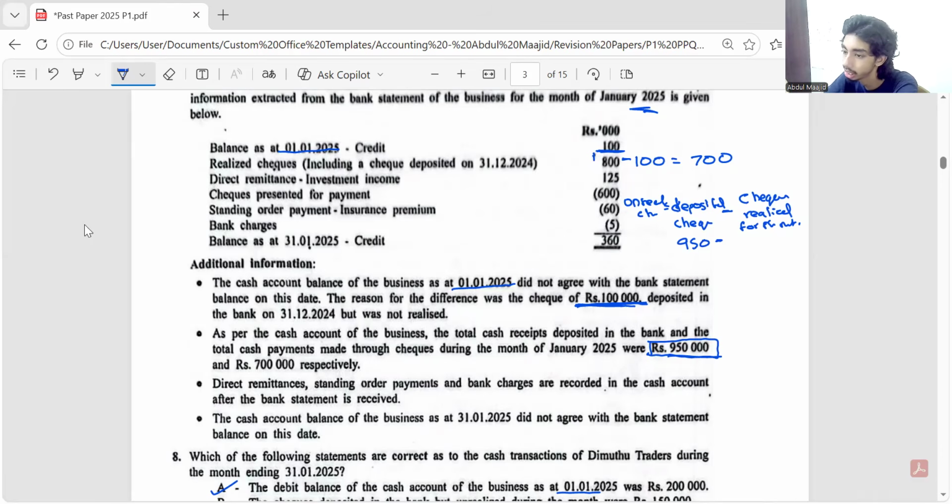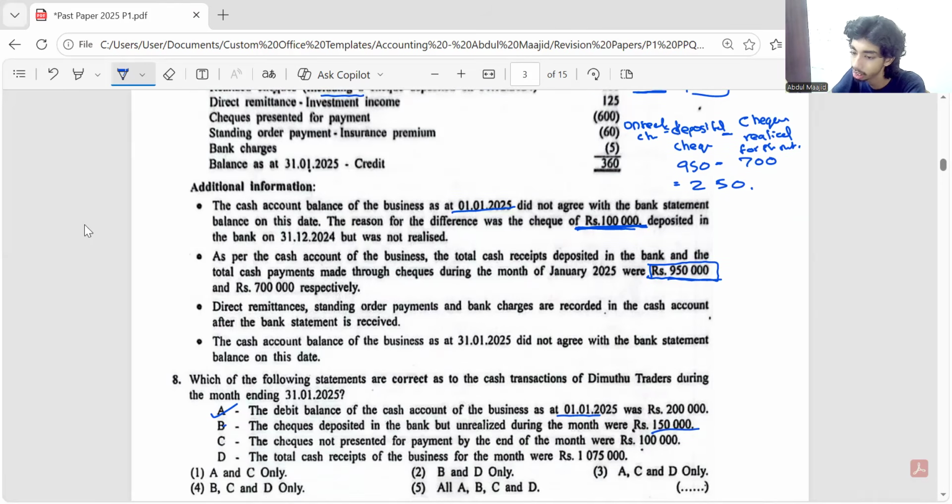Understood? If you deduct last month's 100,000 unrealized check from the checks realized this month, because last month's unrealized check was realized this month, you find that out of the checks deposited this month, 700 was realized. The actual unrealized check amount is 950 minus 700, that is 250. Because of that, the second statement is wrong. The actual unrealized check amount is 250.